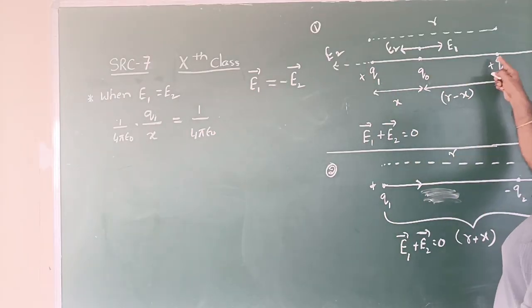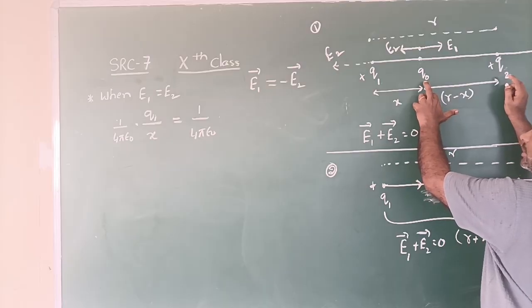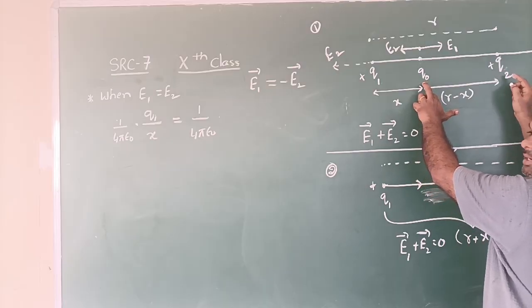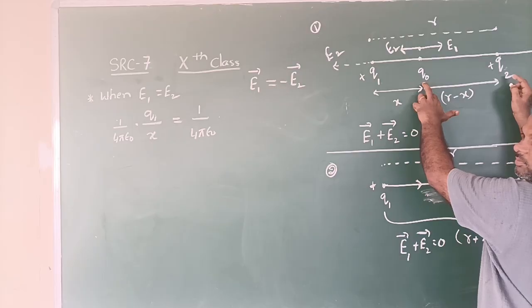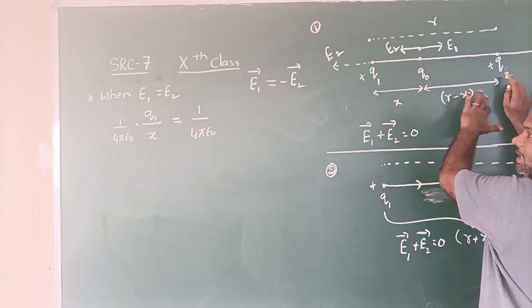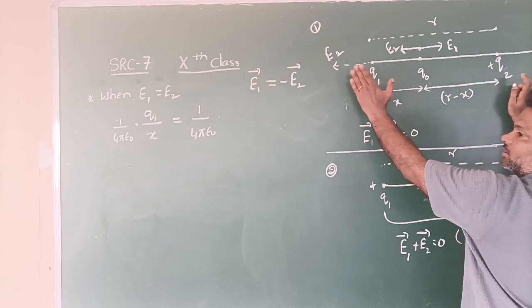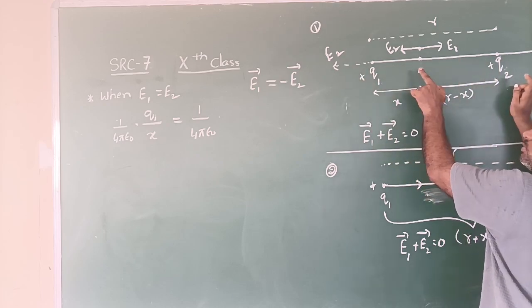Why this side? Why not the other side? Because your positive test charge is repelled by this Q2, the field acts towards the left side, in the repulsive force direction.